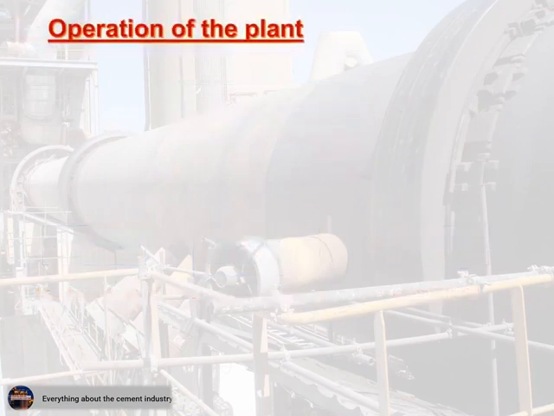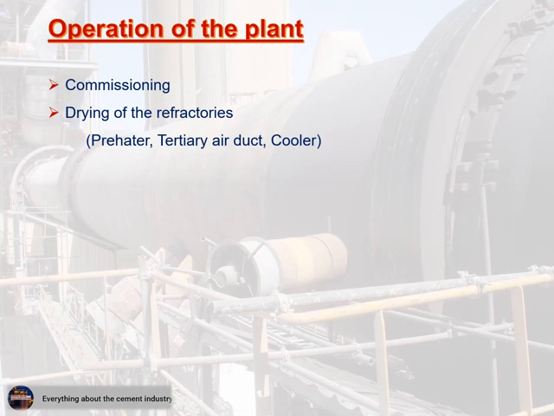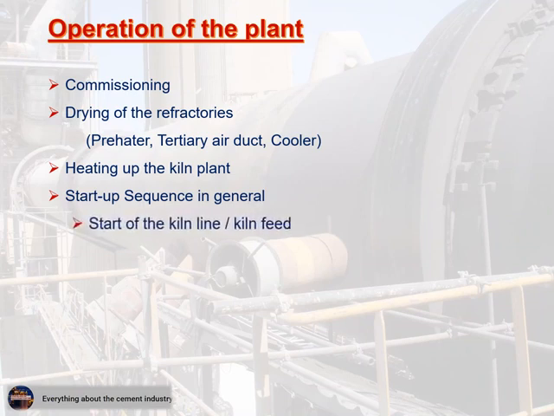Steps of operation of the plant. 1. Commissioning. 2. Drying of the refractories: preheater, tertiary air duct, cooler. 3. Heating up the kiln plant. 4. Start-up sequence in general. 5.